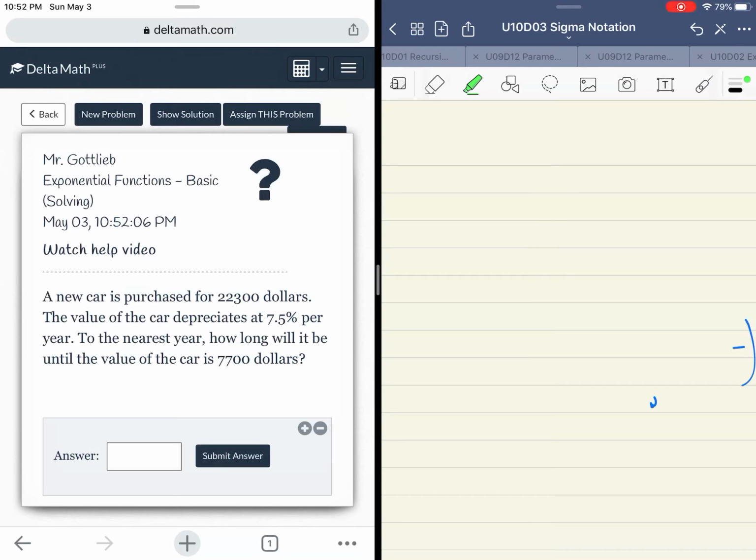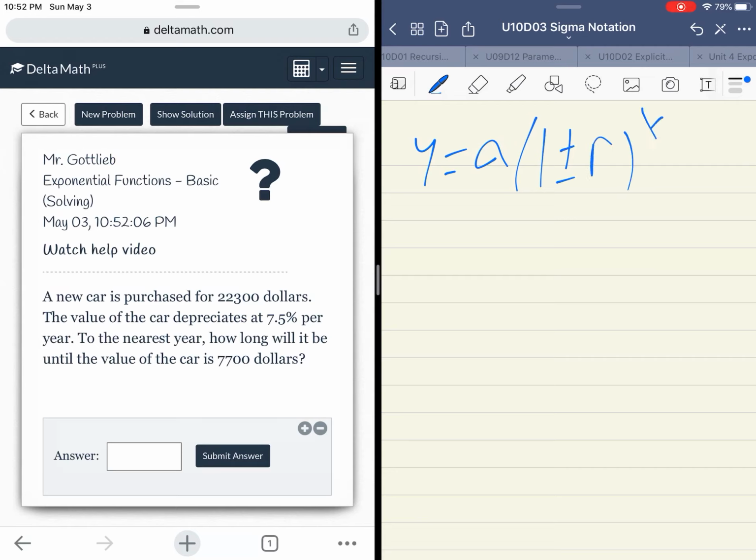So again, same formula. So our formula is y equals a times 1 plus or minus r to the x power. We're told that our starting value is $22,300, and the value of the car is going to be depreciating.